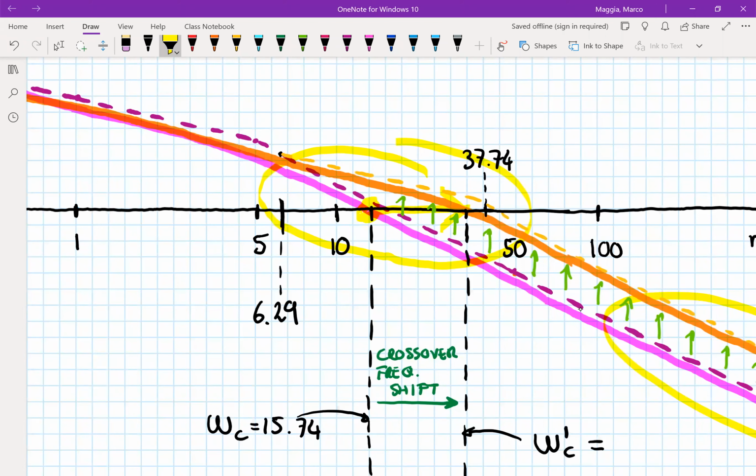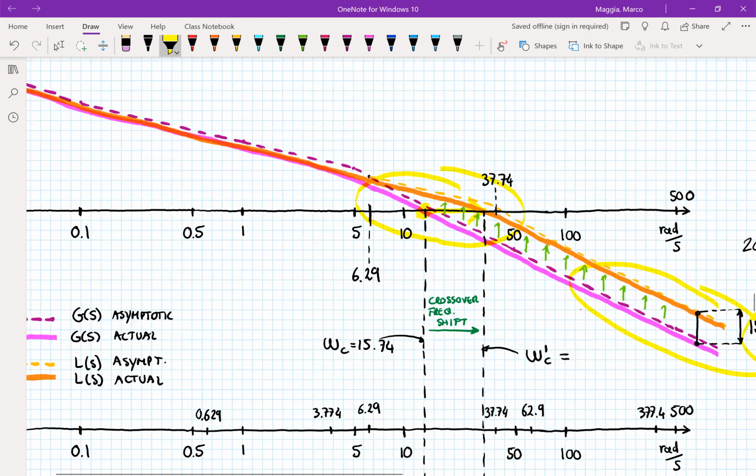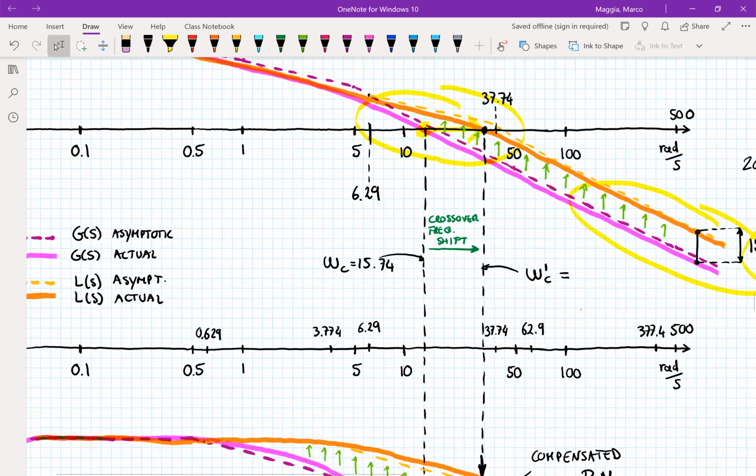So our new crossover frequency has actually shifted by quite a lot. And you can find it using MATLAB, because that becomes a little bit cumbersome doing it analytically. And that is 30.9 radians per second. So we've doubled it.